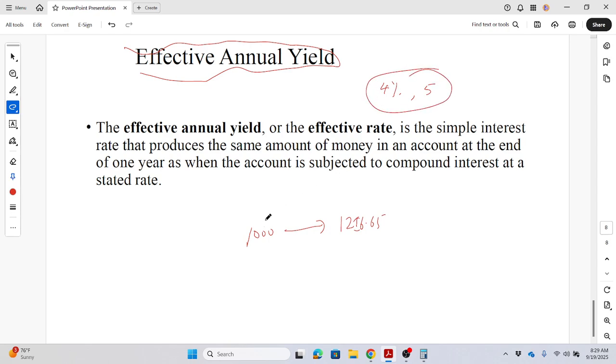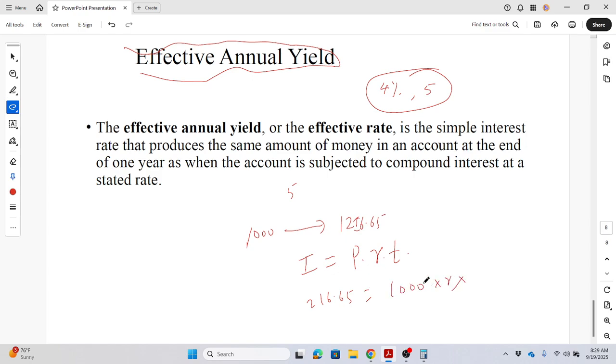But we would like to find out what is the simple interest rate which gives us this amount from $1,000 in 5 years. Just the simple interest rate. So you are going to use this formula, interest equals principal times rate times time, to find the simple interest rate. What is the interest we made in this transaction? The interest is $216.65. What's the principal? $1,000.